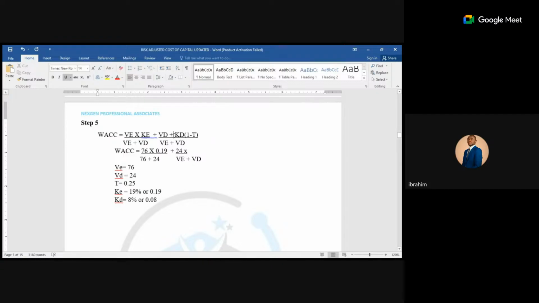It's multiplication, sorry. I think someone actually corrected me last night as well. So this should be times, right? So what is the cost of debt? 0.08. So what is the value of this? Is 76 plus 24.